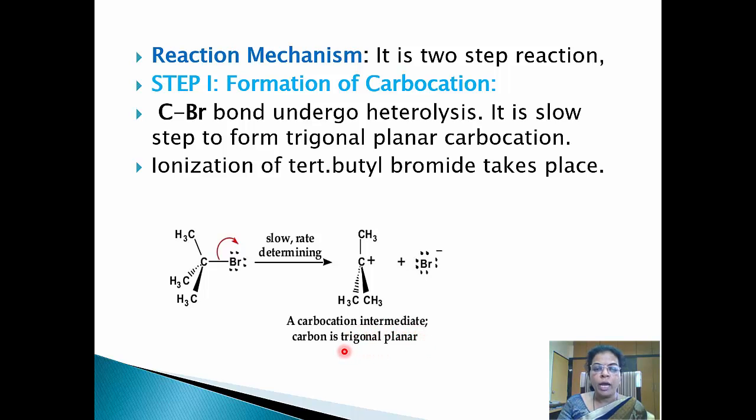The geometry of the carbocation is trigonal planar, that is, the geometry of the tertiary butyl carbonium ion is trigonal planar. This is a simple ionization reaction in which the C-Br bond breaks heterolytically to form a positively charged carbocation and a negatively charged Br minus ion.